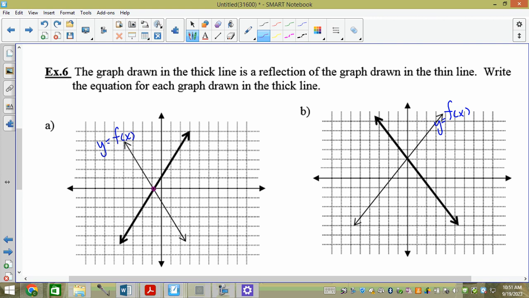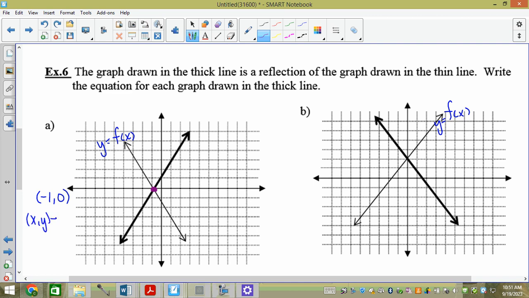Let's take an inspection of what that point actually is. That point is approximately negative 1, 0. Correct? So which mapping would make that stay the same? Making my x negative or my y negative? My y negative would make that the same.